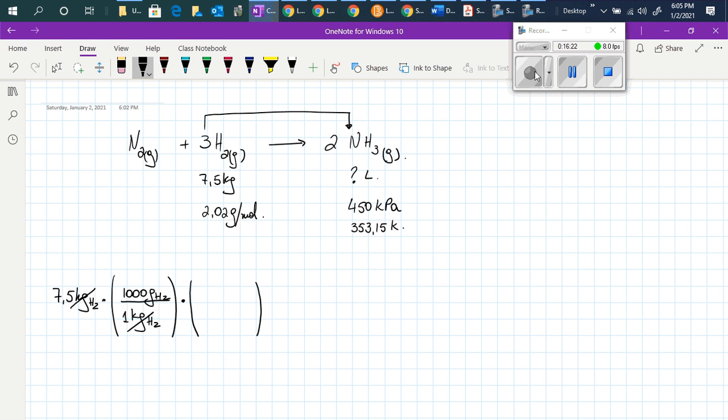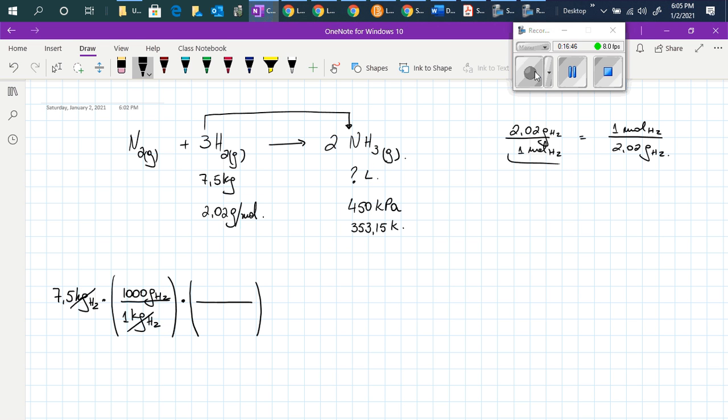Okay, so now we'll use the molar mass 2.02 grams per mole. So 2.02 grams is 1 mole of hydrogen, or 1 mole of hydrogen is 2.02 grams of hydrogen.